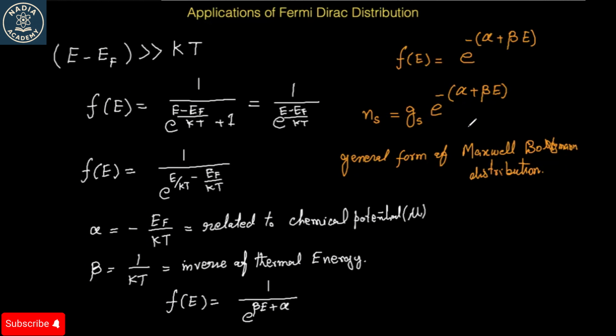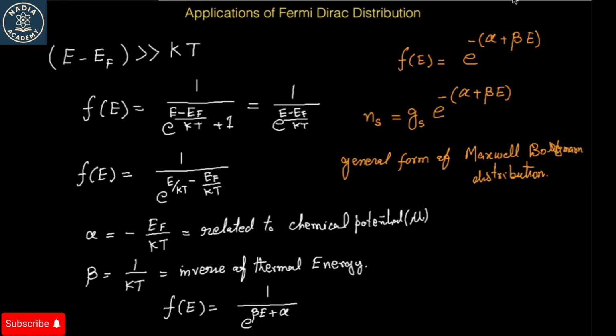What the Maxwell-Boltzmann distribution tells us, in very simple terms, is that molecules prefer low energy states. The heat, which is related to beta because it is the inverse of the heat, and the available slots, which correspond to gs, determine how many particles actually make it to the higher energy levels.